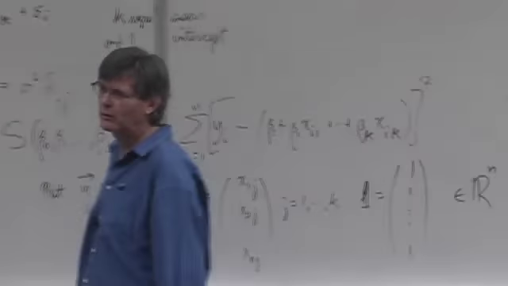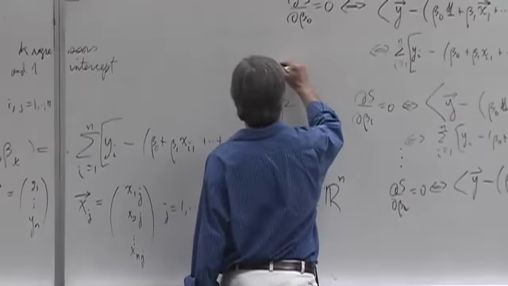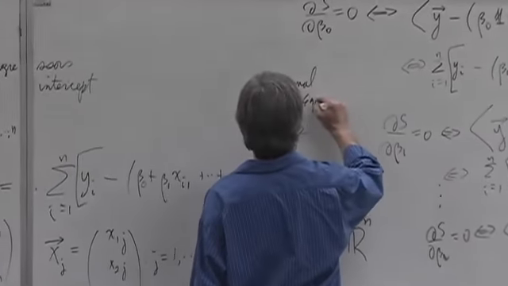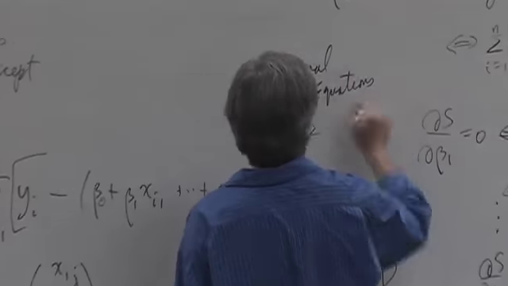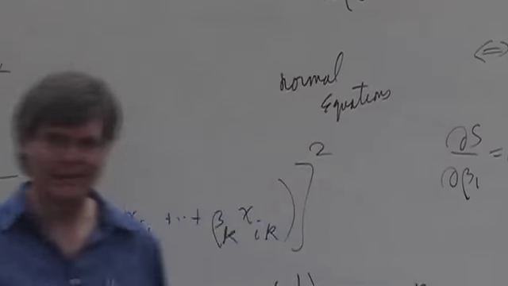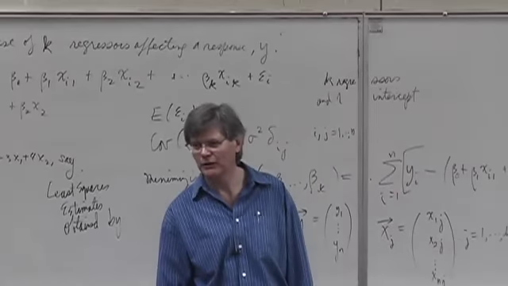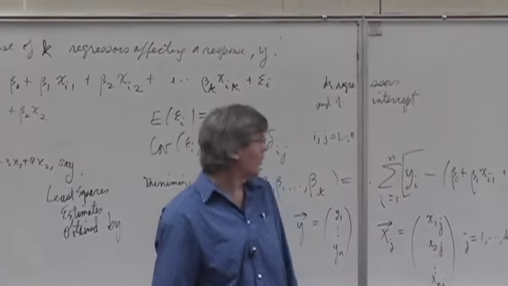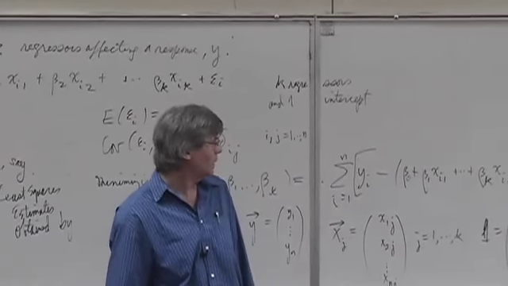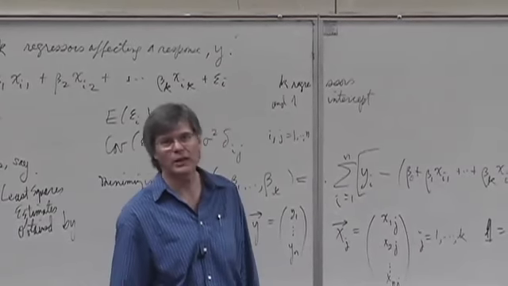Those are called the normal equations. Why? Because now I've got it pretty well described, because these are k plus 1 normality conditions, orthogonality conditions. Right? The error vector is orthogonal to 1, to x1, to x2, up to xk.